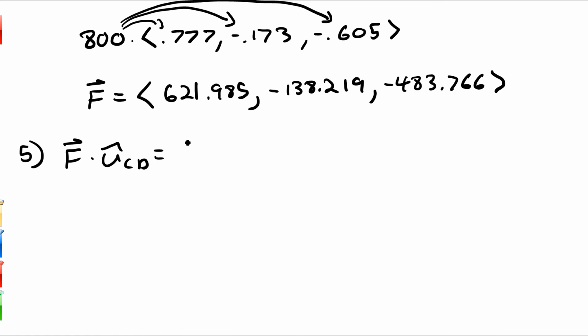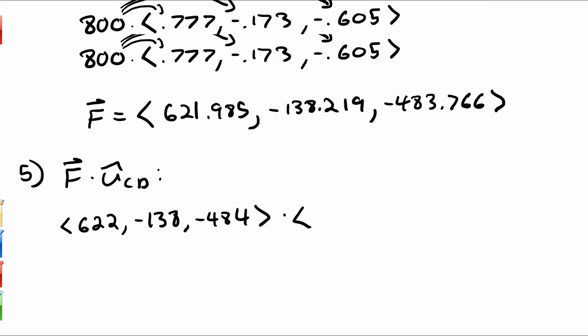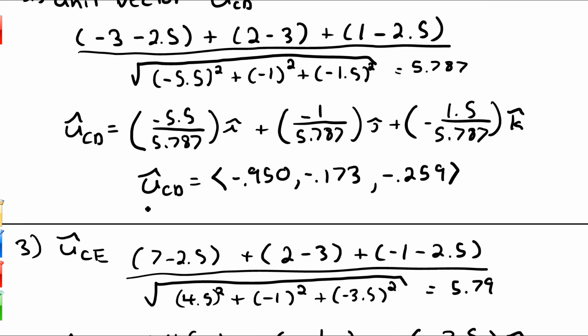So this is going to be equal, well, bring it down below, this is going to get a little bit large. So we have negative 622, negative 138, and negative 484, dotted with our unit vector up here.